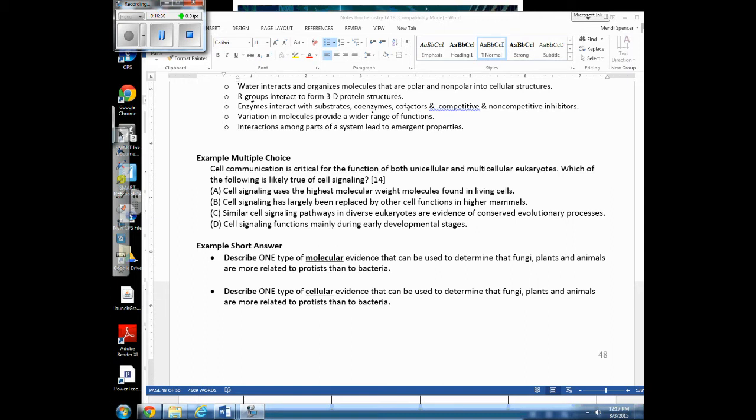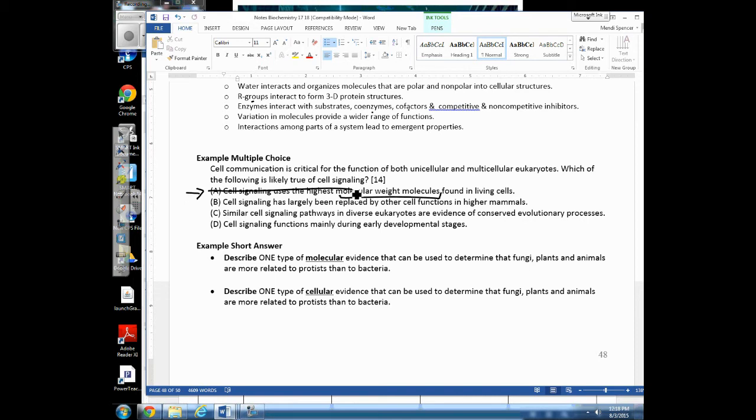When I read this multiple choice question for the first time, this is how I approached it. When I encountered answer A, I realized that these terms will never be said in AP biology. You will never hear me say molecular weight of molecules or talk about them. With that in mind, I can cross through answer A. It's not a possible answer.